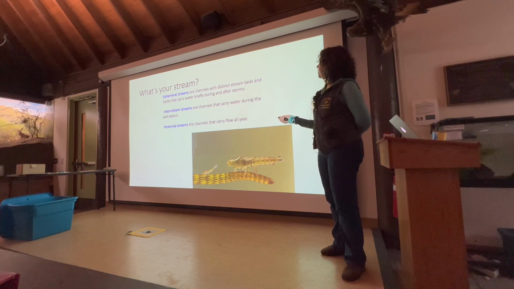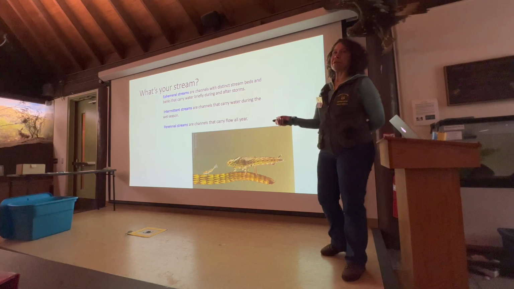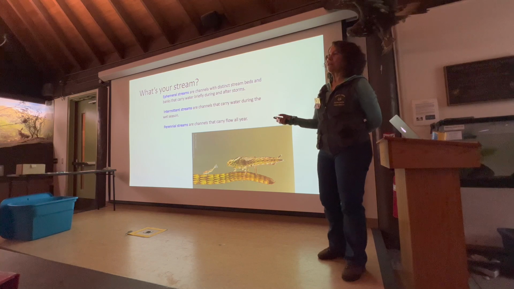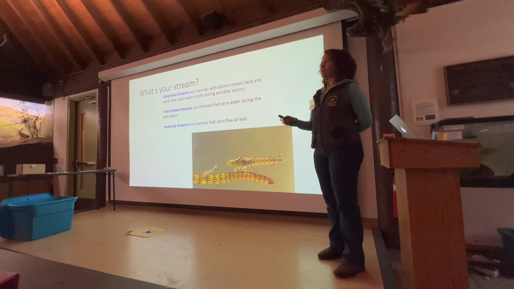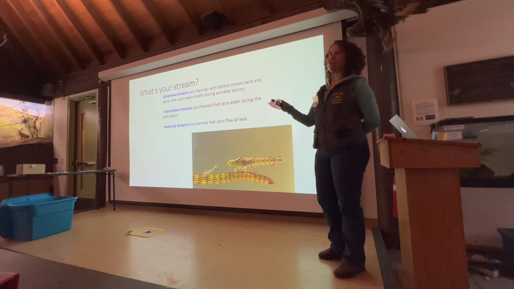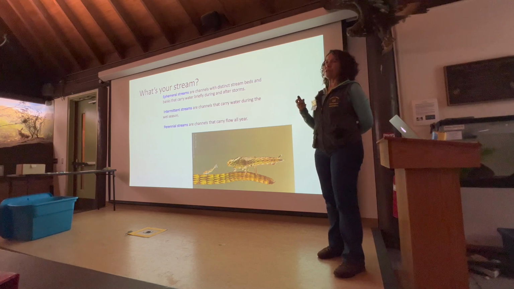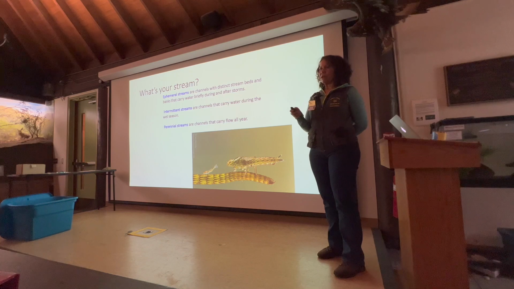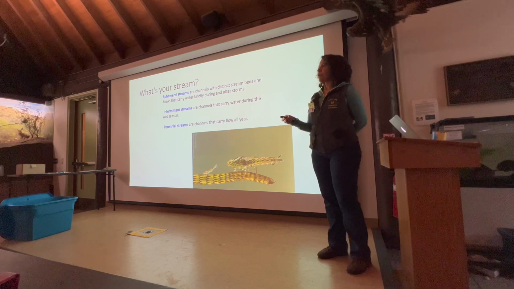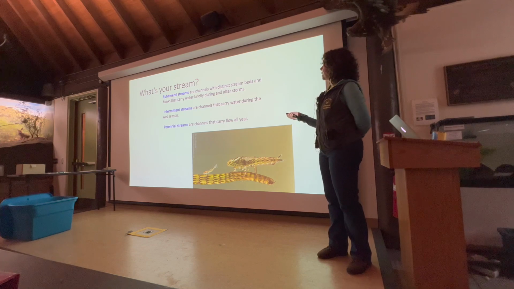We officially have an intermittent stream, right? Over the time that humans have been paying attention to it, it would flow every wet season. We just have not really had very wet seasons, but we do have some water in there every year that it rains.